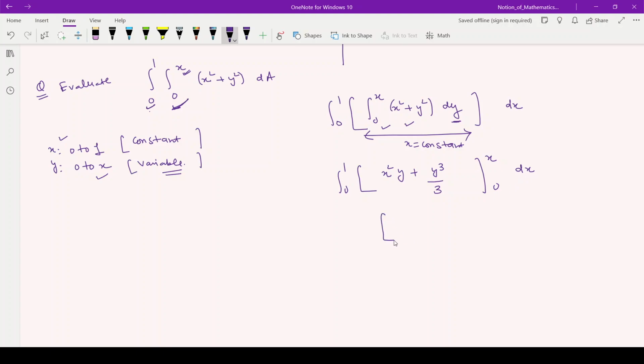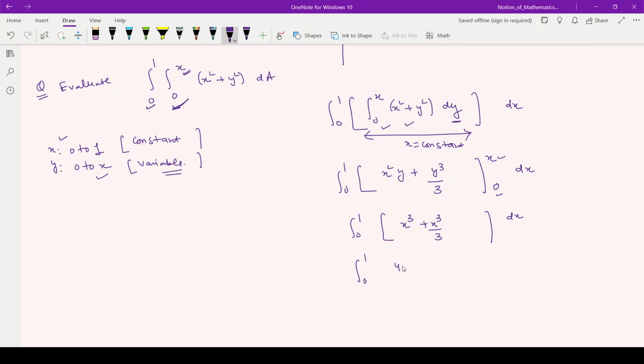So what would it be? We apply the upper limit, so it would be x cube plus x cube by 3, and application of the lower limit will not make any sense because it will only give 0, and it is 0 to 1 and then dx.